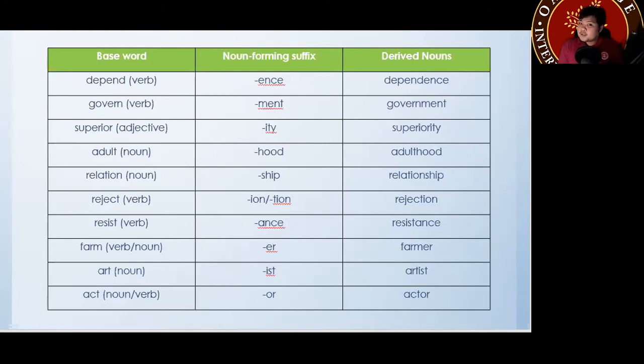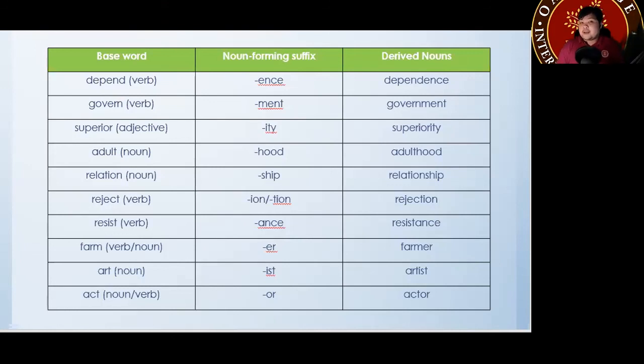The one who is doing art, you add ist to make it a noun, and it becomes artist. Act could either be a noun or a verb. Act could refer to the action that was done, or to doing something. When you add the noun forming suffix or, you have actor, the person who's doing the action.